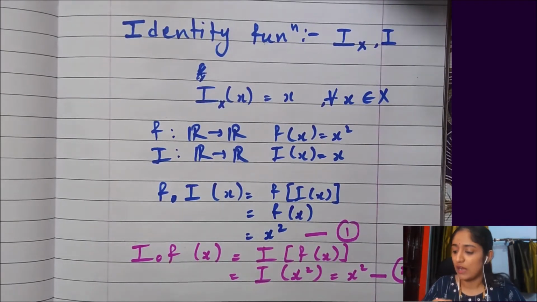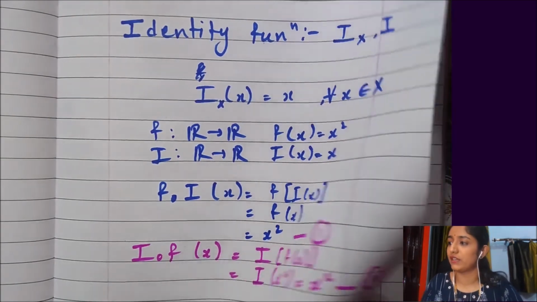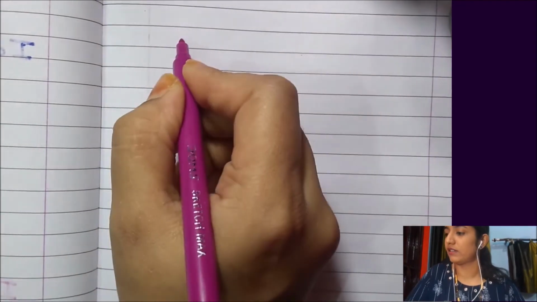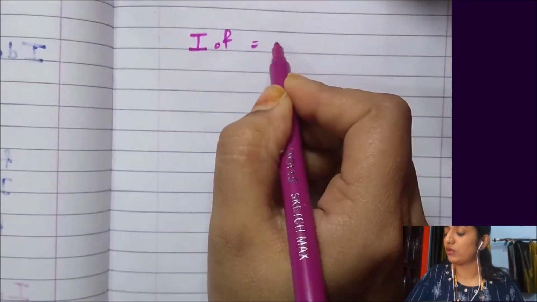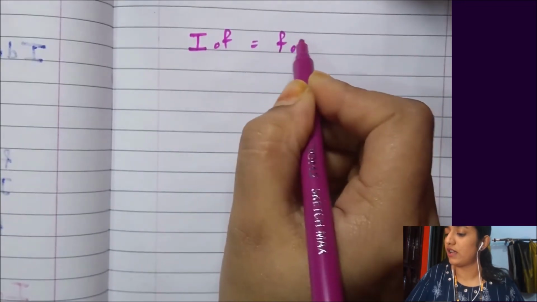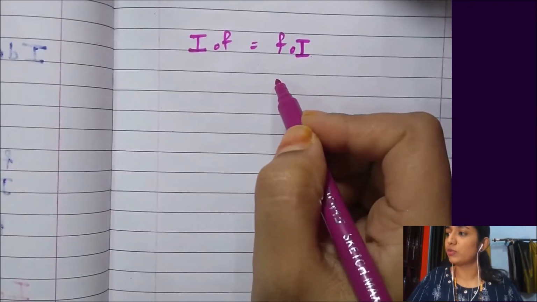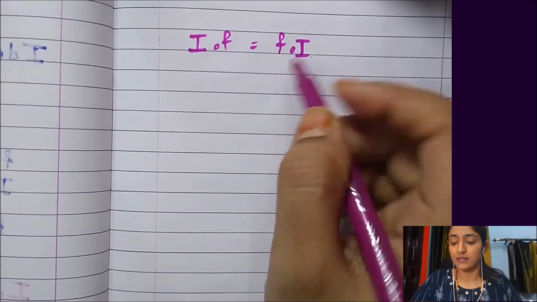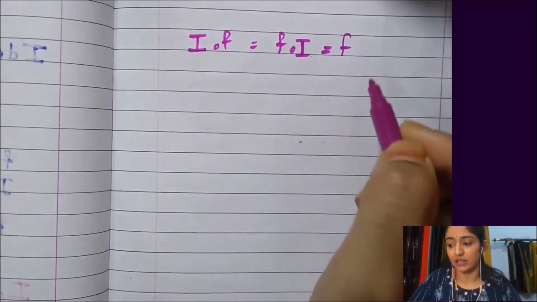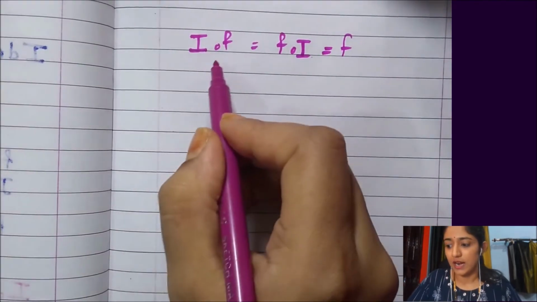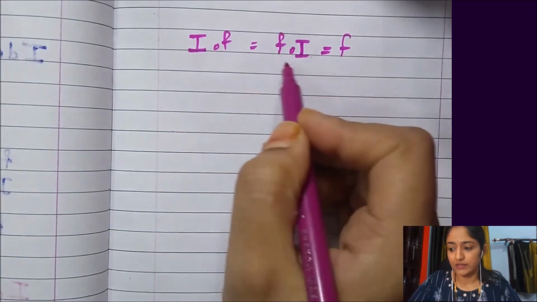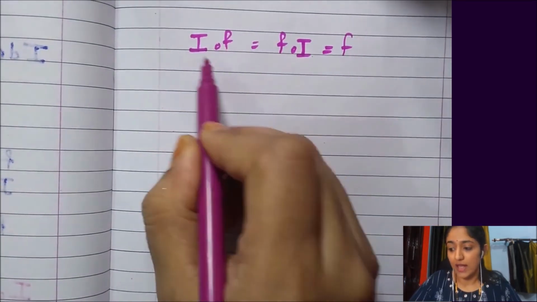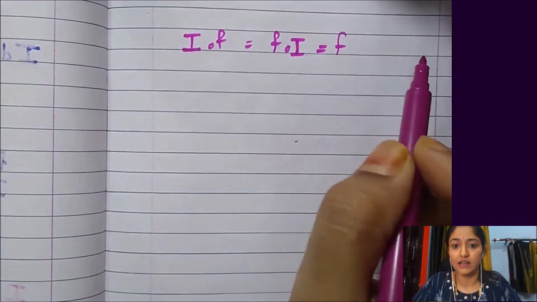On an arbitrary element, if this is happening, we can say that I circle f is equal to f circle I, and both came out to be the function as it is, as if only f were acting. F of x was x square, and this acting on x was also x square. So as functions, these all three are equal.